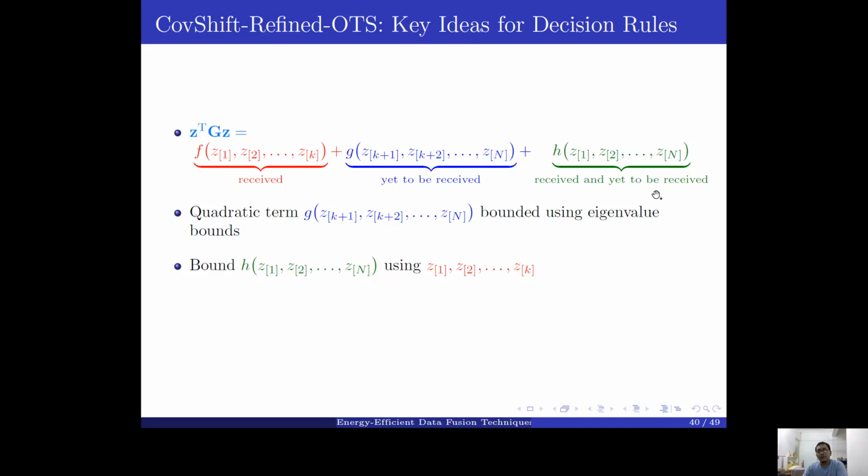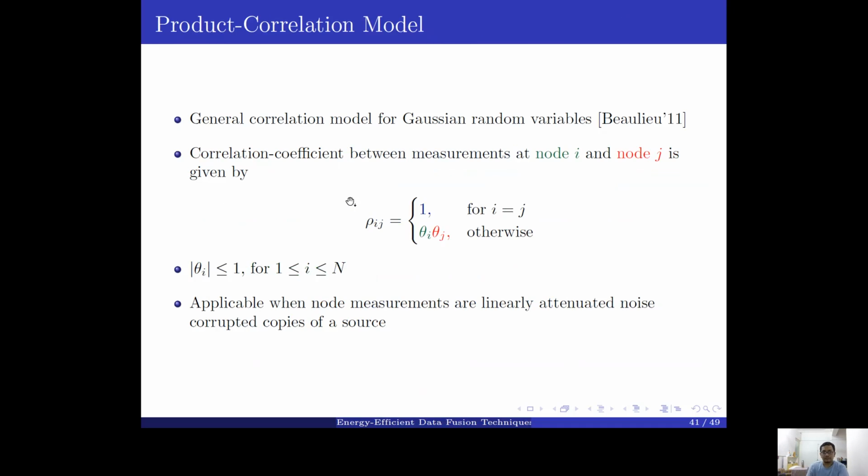The cross terms, which correspond to the received and yet to receive measurements, can also be bounded. Although this approach is quite complicated, it yields much better results. Similarly, the decision rules when the two hypotheses have different mean vectors and covariance matrices can also be obtained by following the technique which we use for CovShift-Refined-OTS.